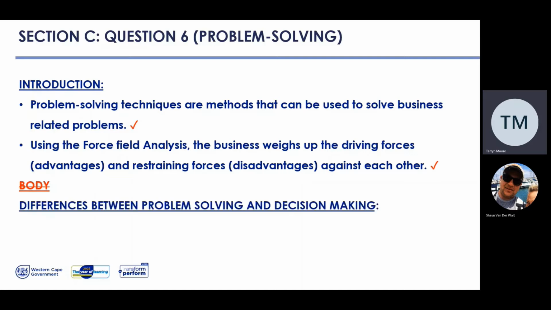The first heading, differences between problem solving and decision making. Again, grade 12s, two concepts we are differentiating, which means we need to make sure that the link is clear. The link has to be clear.